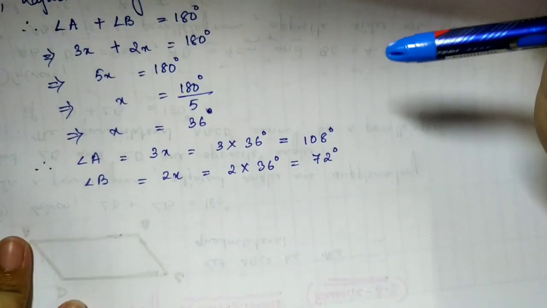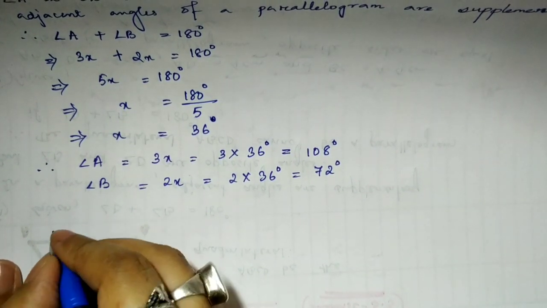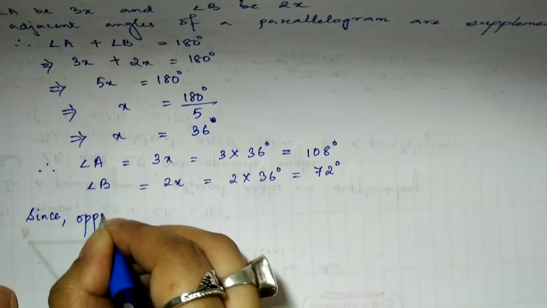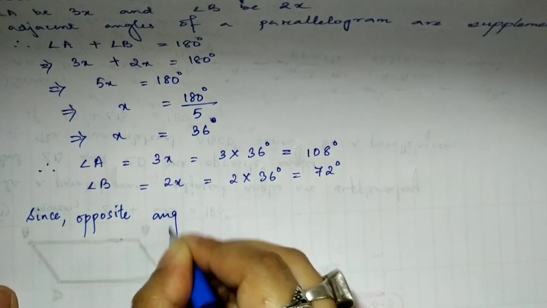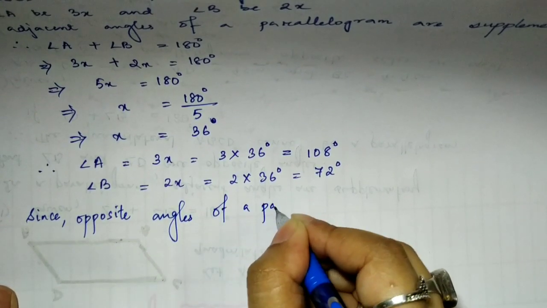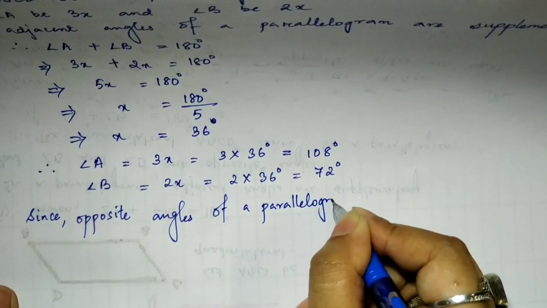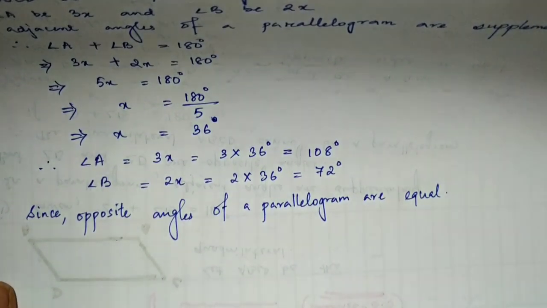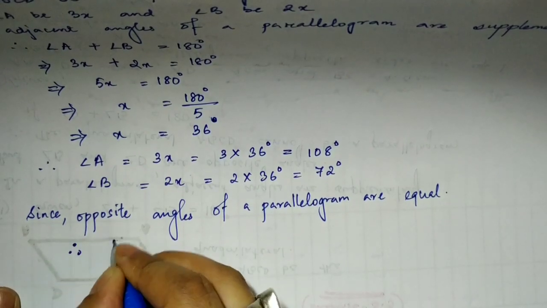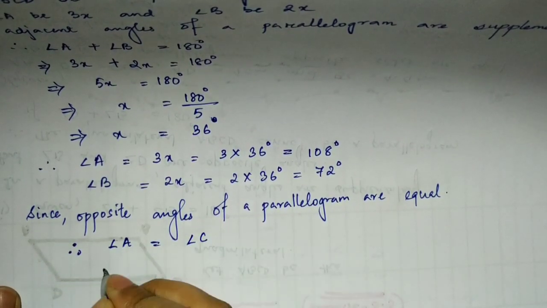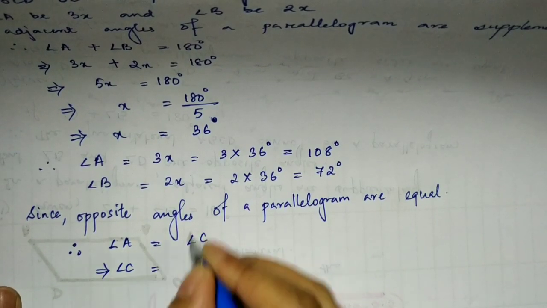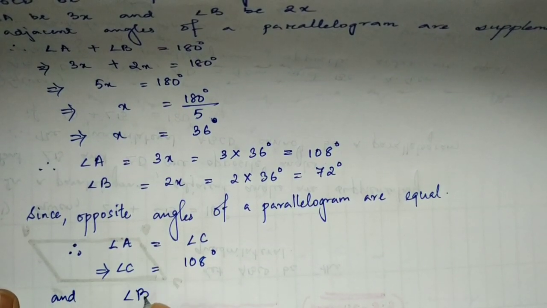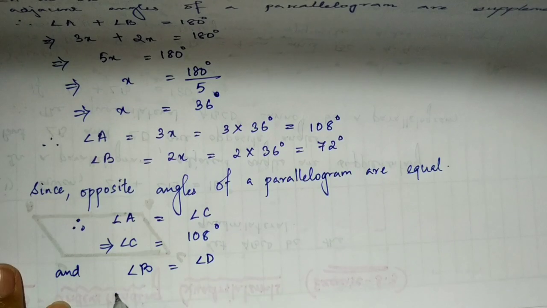So let's write down the condition before writing. Since opposite angles of a parallelogram are equal, therefore angle A is equal to angle C. So this implies angle C will be equal to the value of angle A, that is 108 degrees, and angle B is equal to angle D. So what will be the value of angle D?